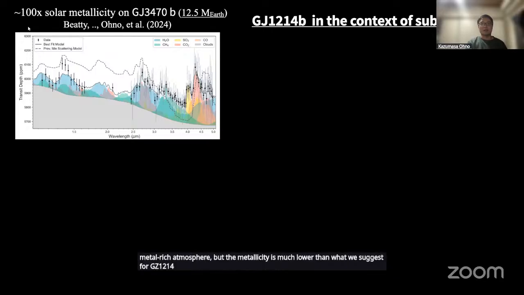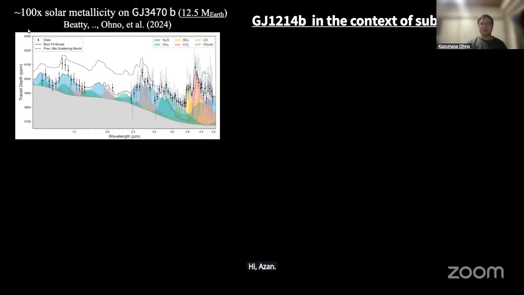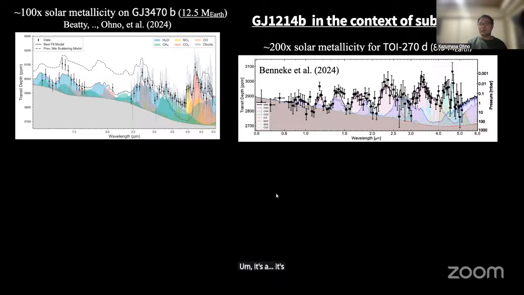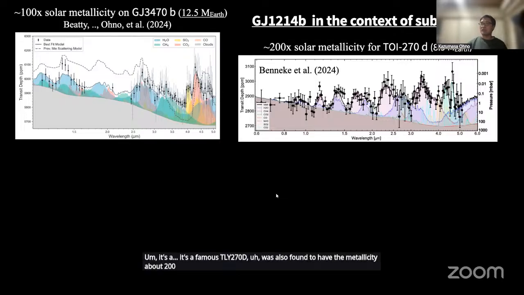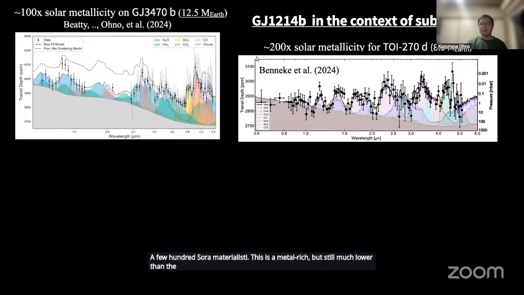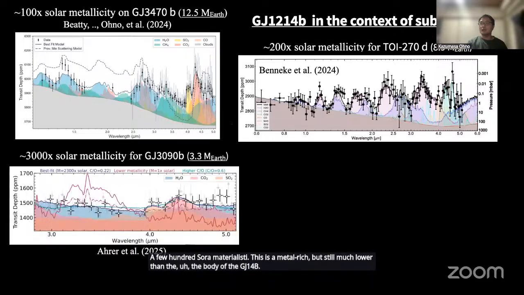It's about 100 times higher than the solar value, and that value is comparable to the metallicity of Uranus and Neptune. And the famous TOI-270d was also found to have a metallicity of a few hundred times solar. This is metal rich, but still much lower than the value of GJ1214b.